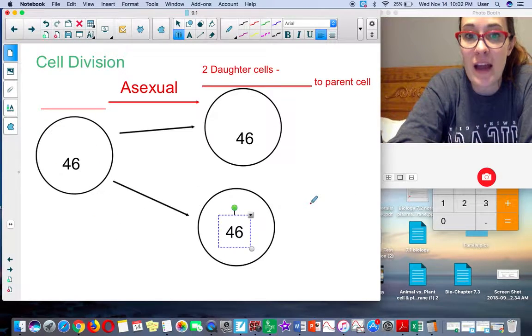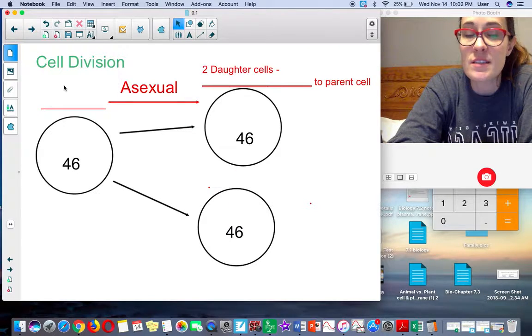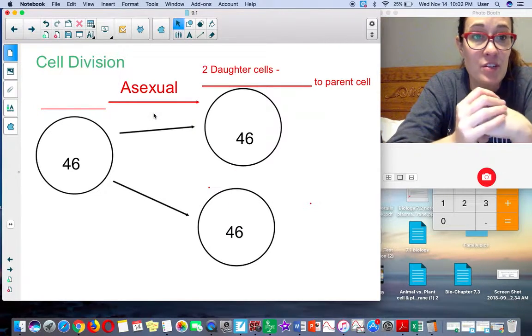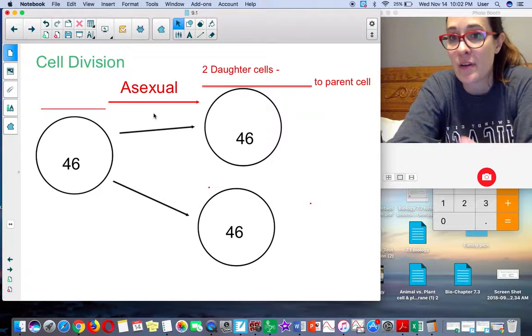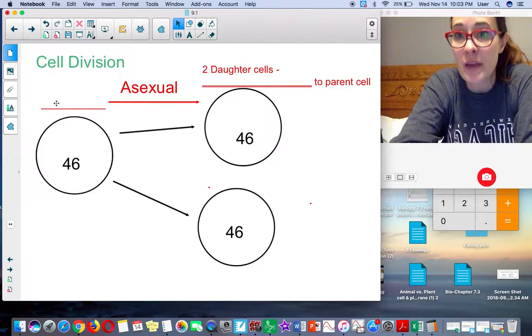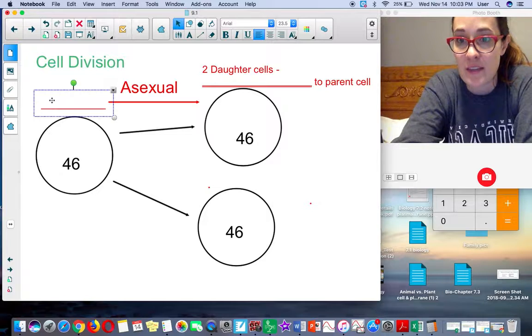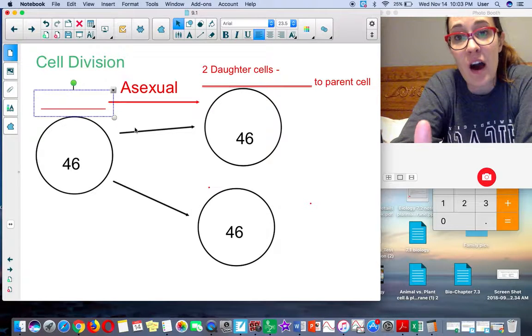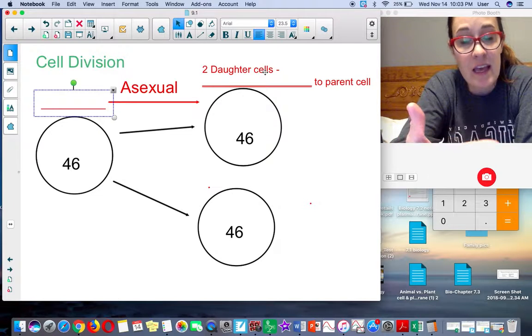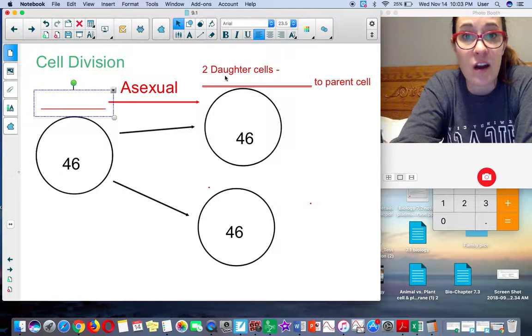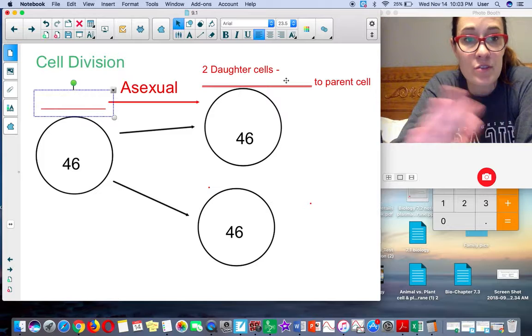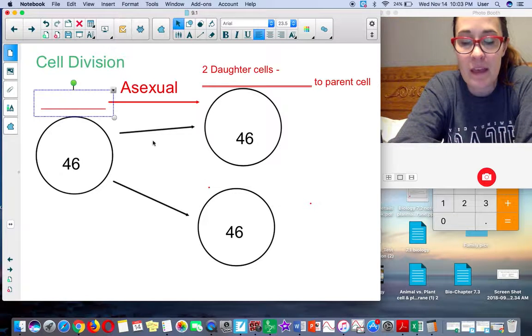So I added in some numbers here, you'll see. Okay, so this is asexual cell reproduction, which we're talking about in this chapter, in which one parent cell, so write down parent cell, divides to become 2 daughter cells. And these daughter cells are identical to the parent cell.